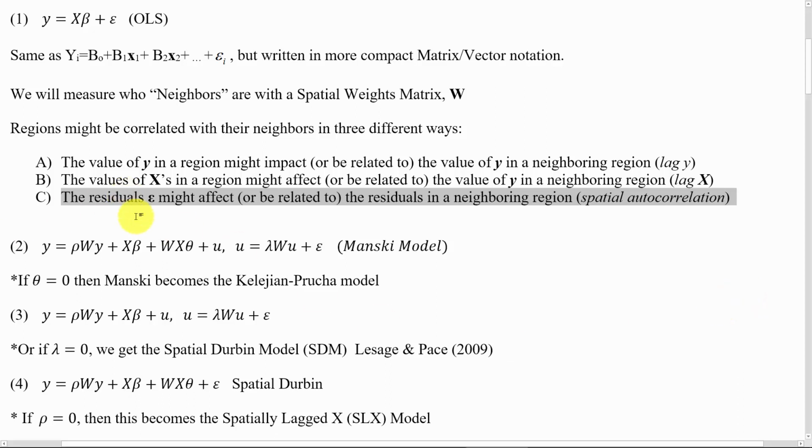So that might be an example of how the residuals are going to be spatially related. We might have a cluster of unexpectedly high unemployment rates in one region, and another cluster of unexpectedly low unemployment rates in another, according to our model and the variables we're using.